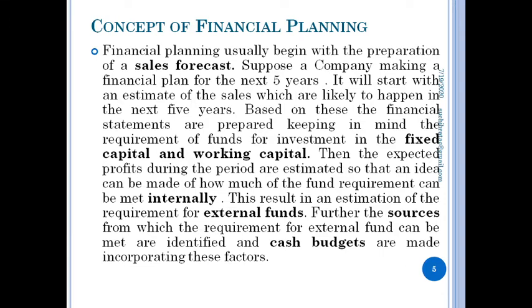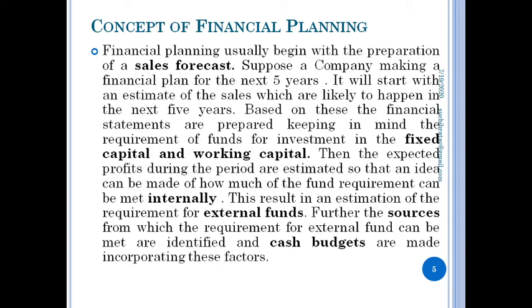This results in an estimation of the requirement for external funds. Further, the sources from which the requirement for external funds can be met are identified and cash budgets are made incorporating these factors. So you note the words which are kept bold.